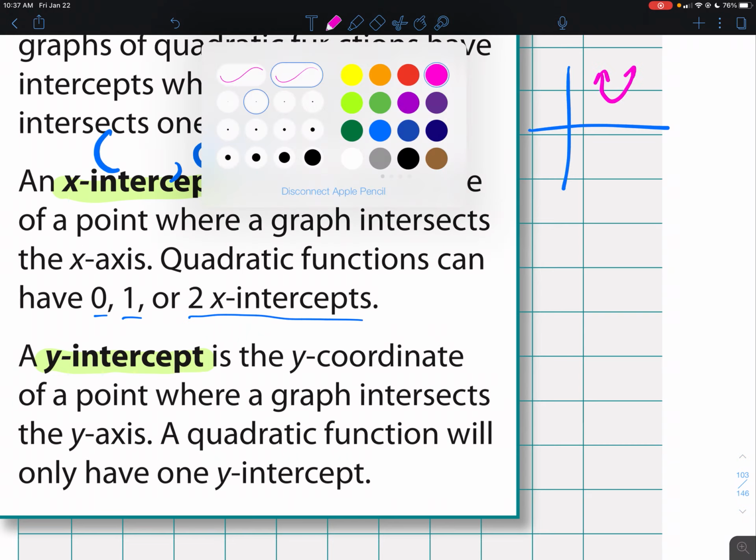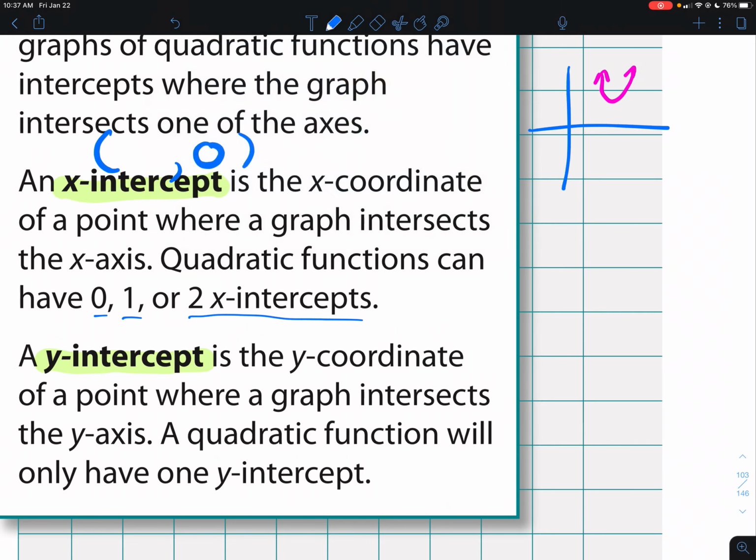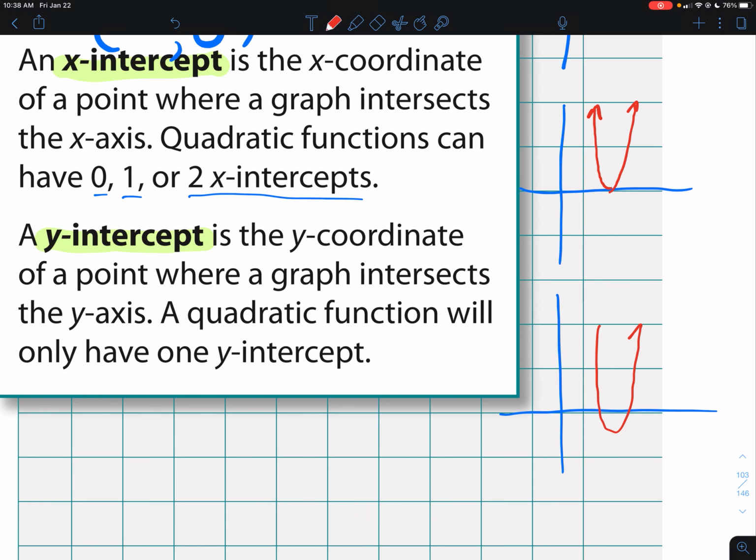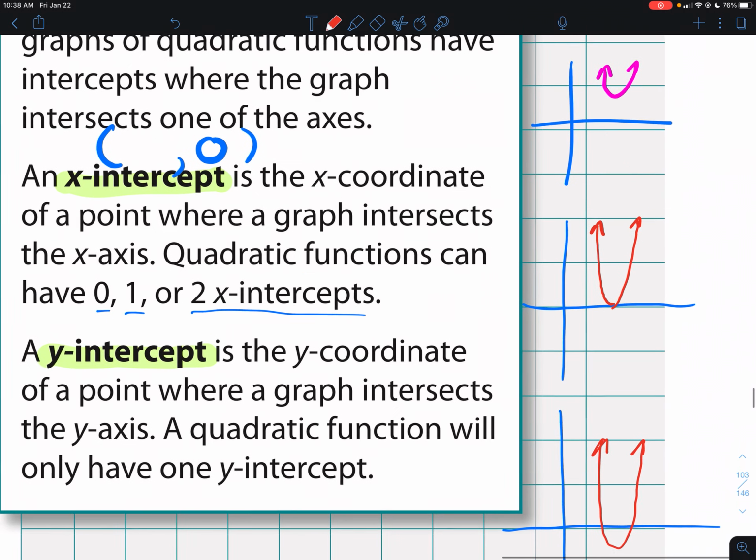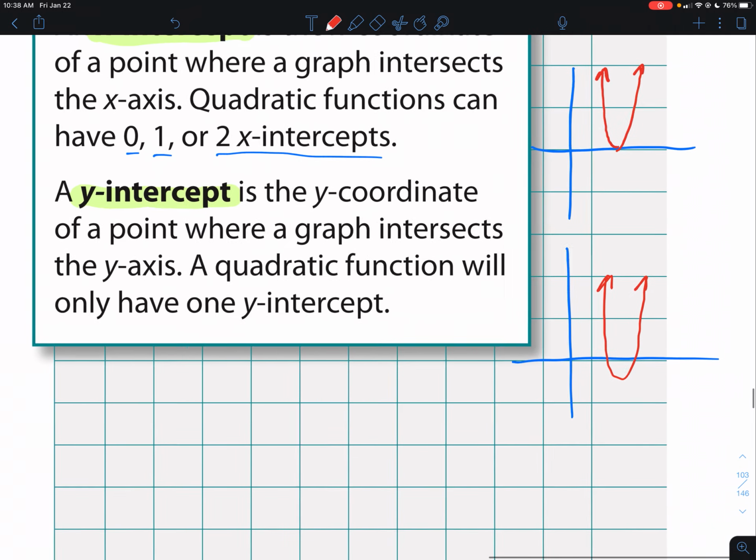You can have a graph with 1 x-intercept, which means that your x-intercept is the same point as your vertex. It just touches the graph and then goes back up. And then most of the time, for our purposes, we're going to have ones that have 2 x-intercepts. So you could have 0, 1, or 2 x-intercepts.